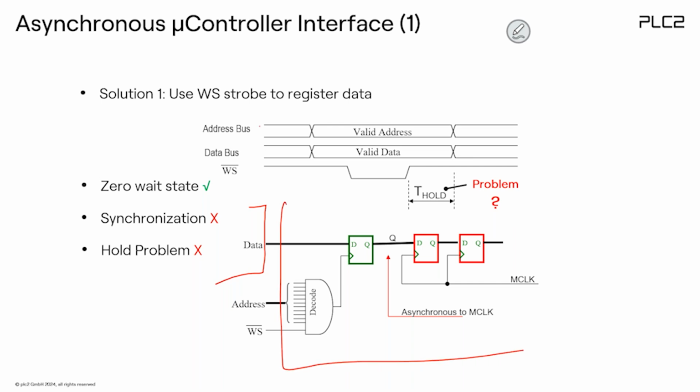I take the address bus, I take the write strobe, and whenever the write strobe goes up, I get an edge here, and I register the data. And now the data bus is right here. Because this has no phase relationship at all to my master clock in the FPGA, I need a synchronization register, otherwise it will not work. Again, this will be discussed in the CDC section of the webinar series.